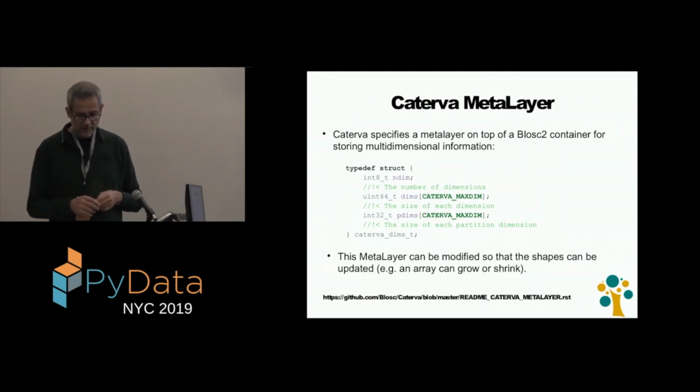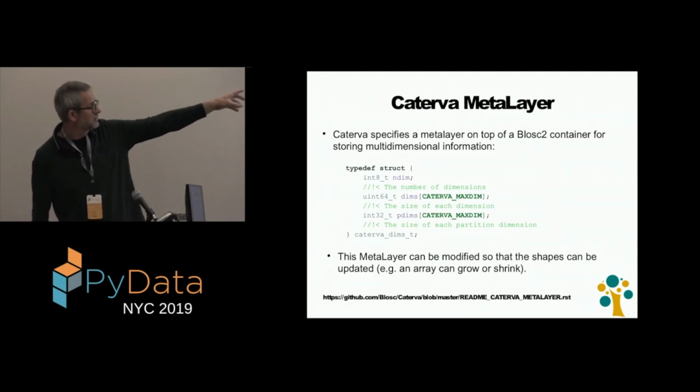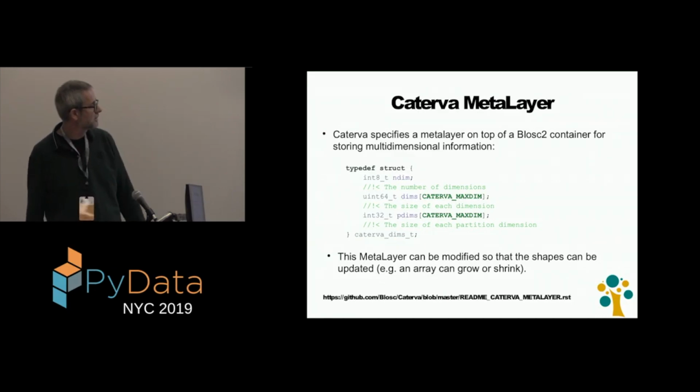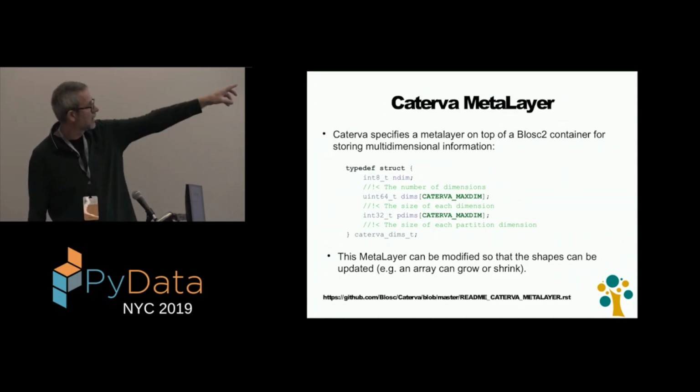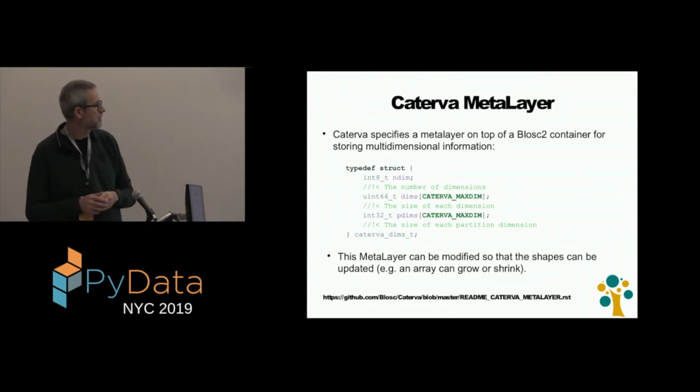The Caterva meta layer is actually very simple when you store it. It is just a few bytes describing the number of dimensions that you want to store in this container. Then an array for the dimensions of what you are storing.